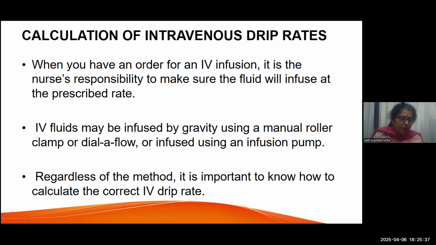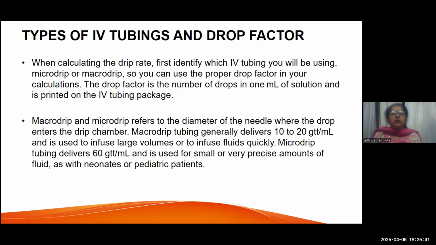So how do I do this? There are certain types of calculations. When calculating the drip rate, first identify which IV tubing you will be using. Please mind which IV tubing, because you have micro drip and macro drip, both available.